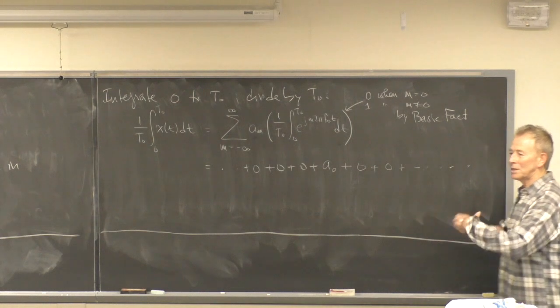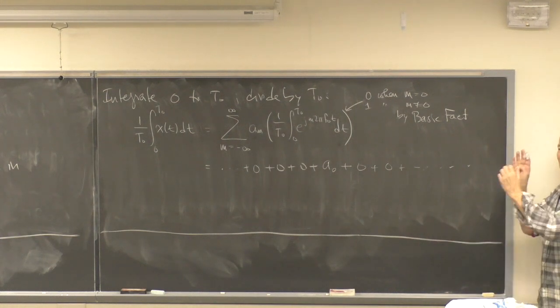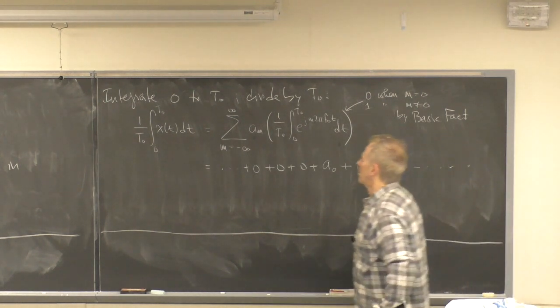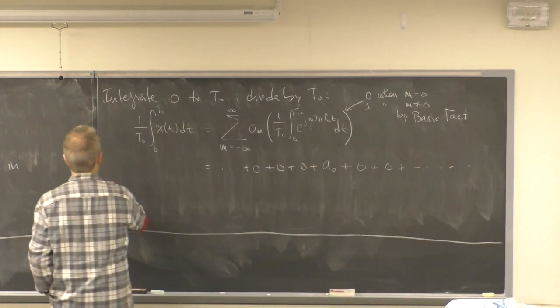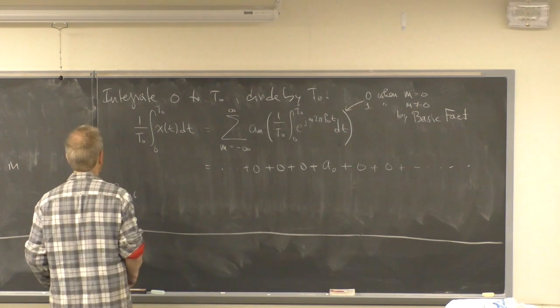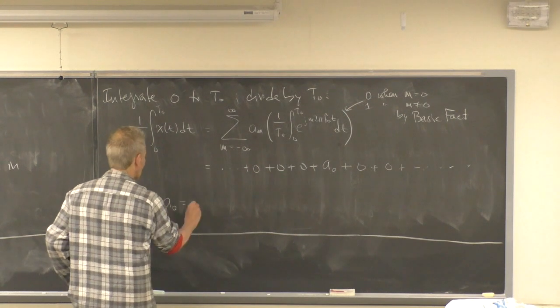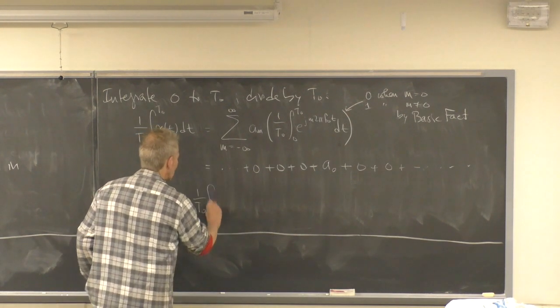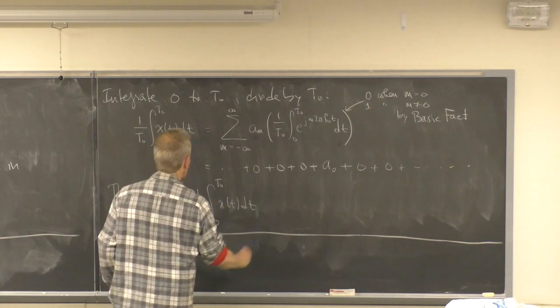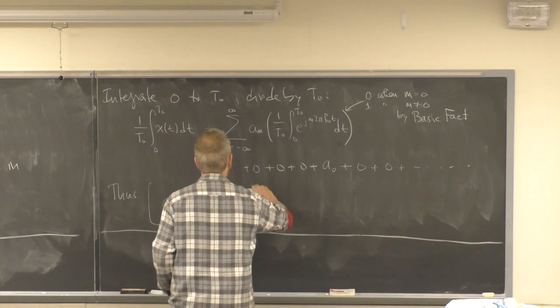It's like a sum of a zillion zeros flanking an a0 in the middle. Everybody see why that's the case? Bottom line is that we figured out a0. That's the first step, or the 0th step in figuring out all the a's. a0 equals 1 over t0 integral from 0 to t0 x of t dt. That's our first formula.